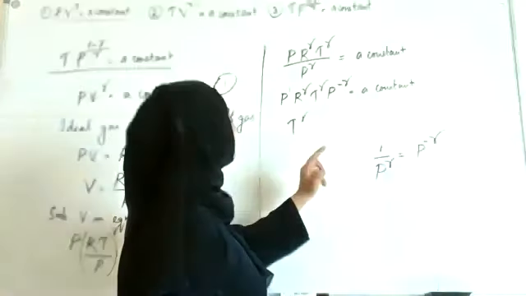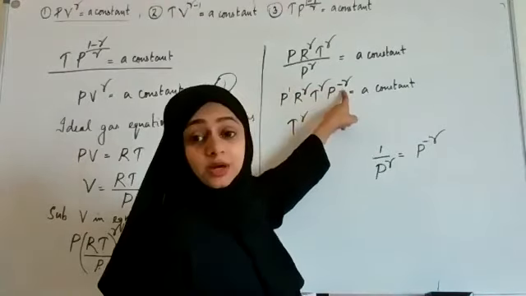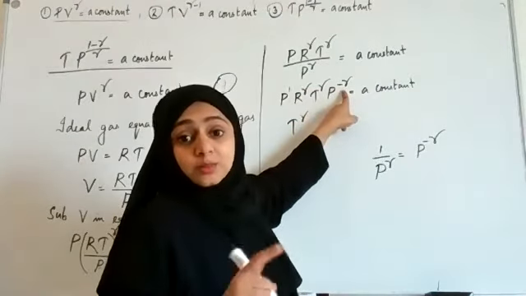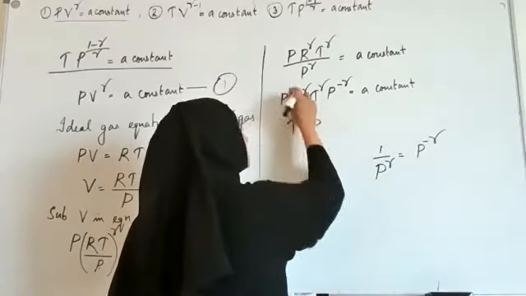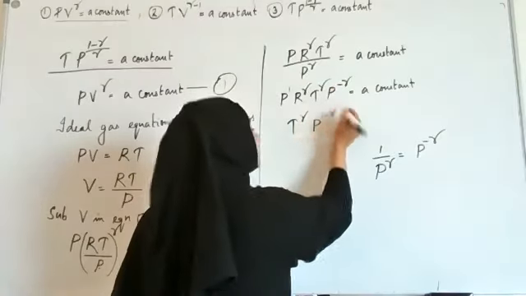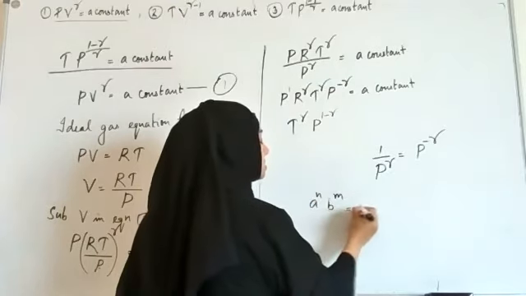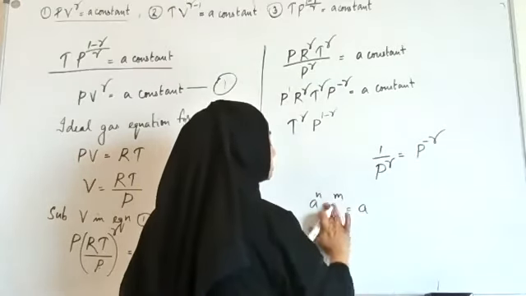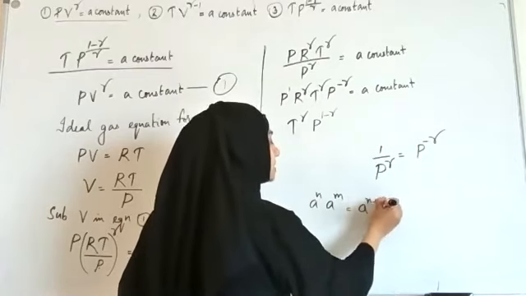So T raised to gamma, now what is P raised to 1 and minus gamma? P raised to 1 minus gamma. So I can write this as P raised to 1 is here, minus gamma is here. So P raised to 1 minus gamma. Remember, a raised to m, a raised to n is equal to a raised to m plus n, right?